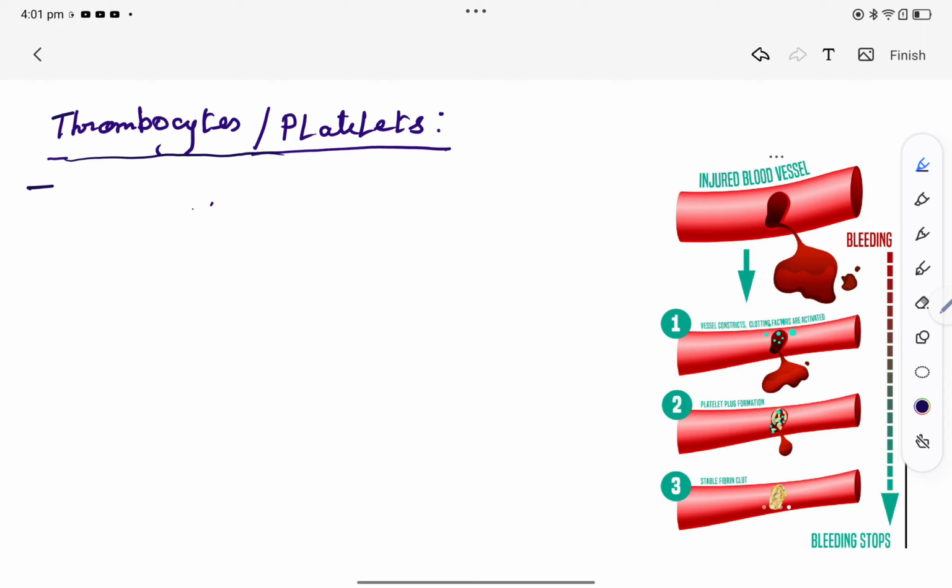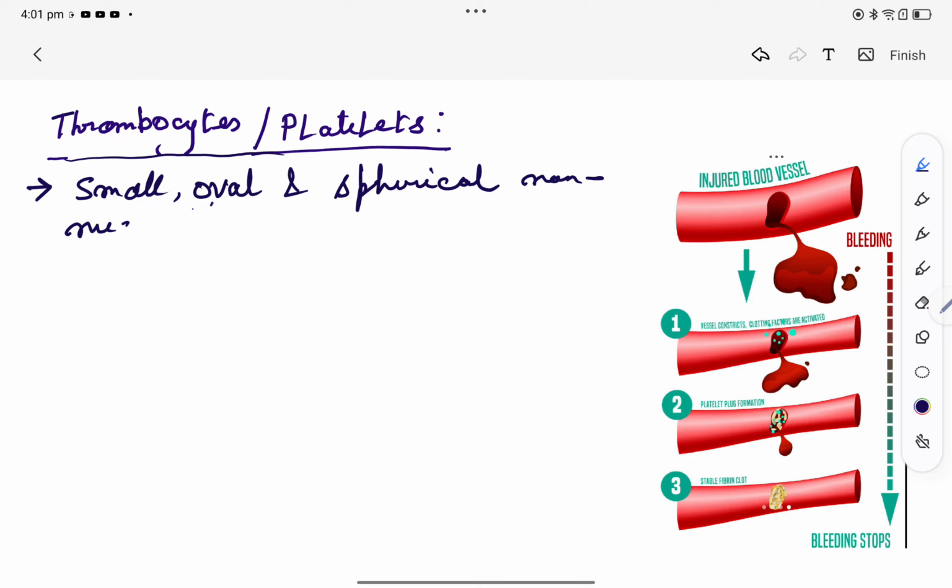Now, what are thrombocytes? Thrombocytes are small, oval and spherical, non-nucleated structures.